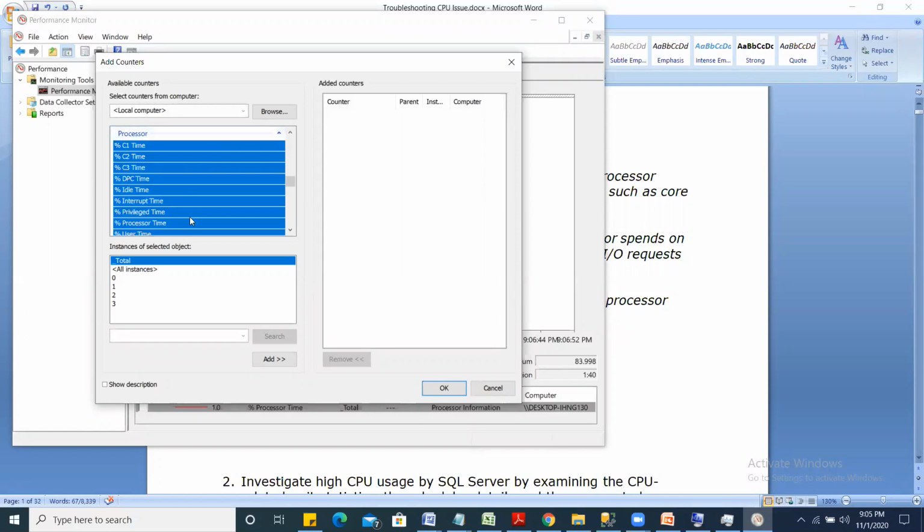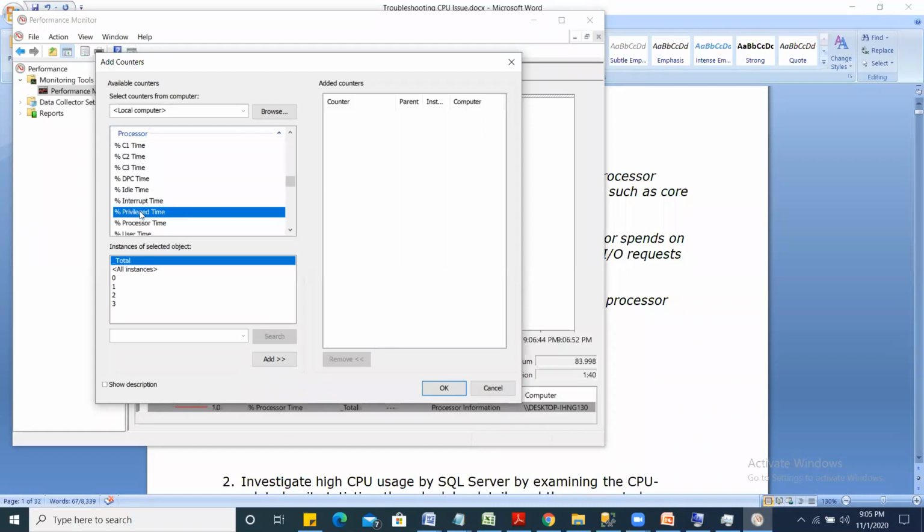Under this, first select percent privileged time and select total or all instances. Privileged time tells you how much CPU percentage is being utilized by operating system background processes and its device drivers. Let us select it and click add.